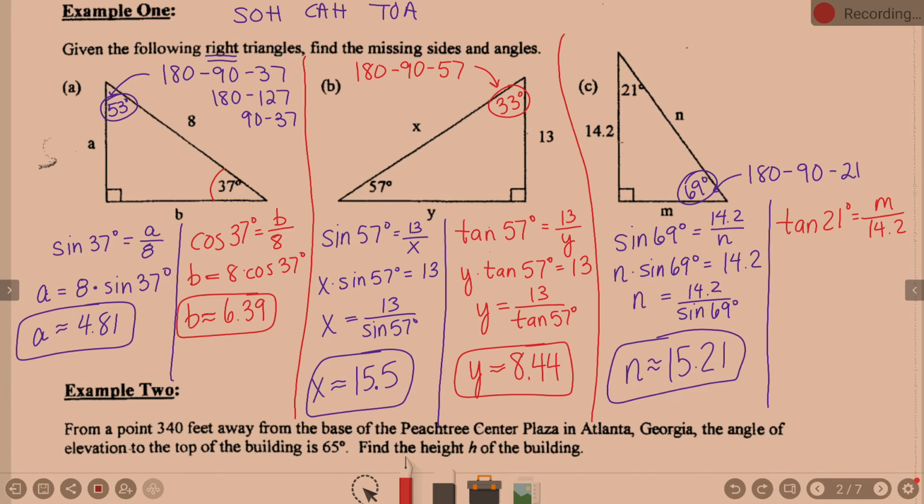You could use a rounded side to an extent, but it is going to throw you off a little bit, possibly. Okay? So m divided by 14.2 means I'm going to multiply by 14.2. So 14.2 times the tangent of 21 degrees. And I have 5.45 written down.